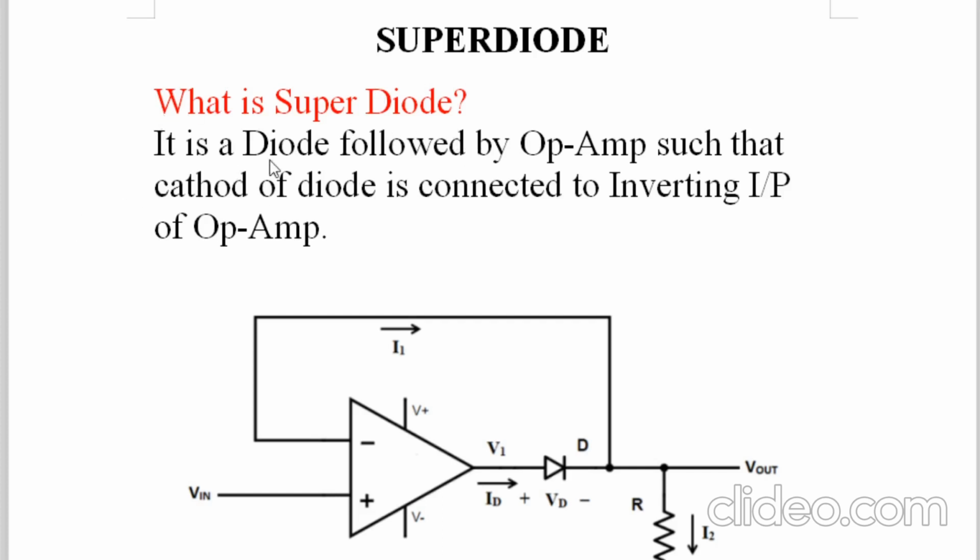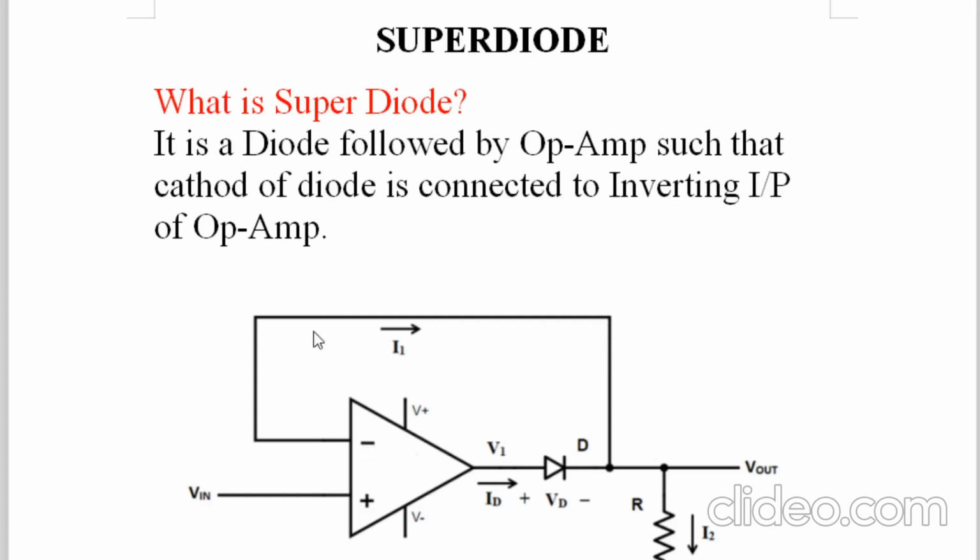It is a diode followed by op-amp, such that the cathode of the diode, see here, this is a diode, this is the anode and this is the cathode, such that the cathode of the diode is connected to the inverting input of the op-amp.